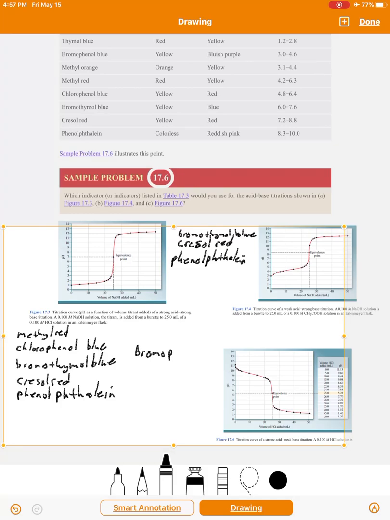Bromophenol blue. It's pretty close. Methyl orange. Pretty close. Methyl red. Also pretty close. And then chlorophenol blue is 4.8, so that's not bad as well.